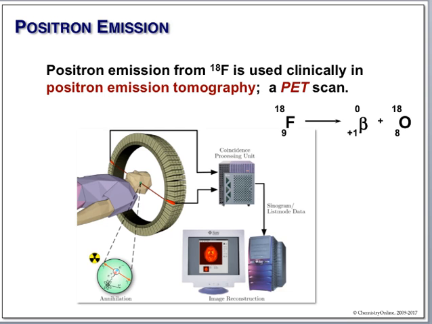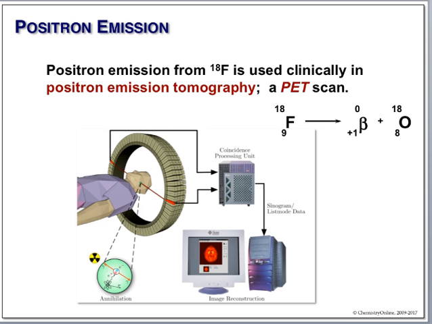So you take somebody and you infuse them with glucose, actually. Glucose is labeled with fluorine-18. And as it's sitting there in your brain or your body or whatever, it's going to eject these gamma rays, which are measured by this array.